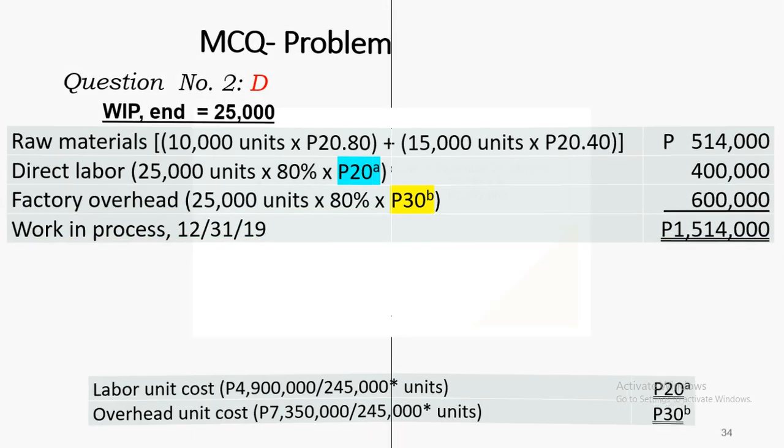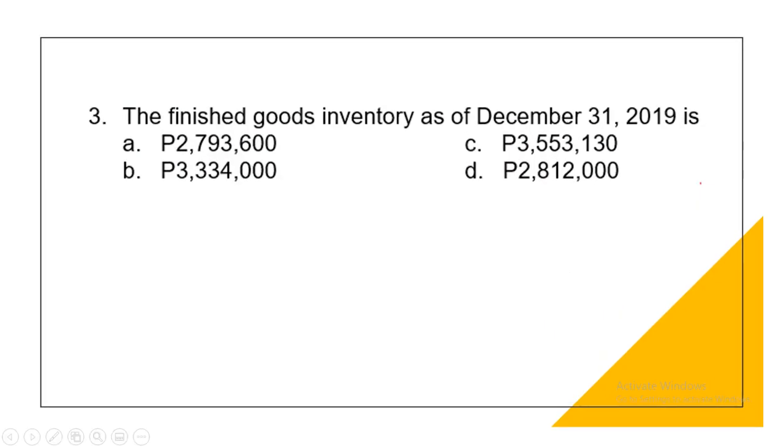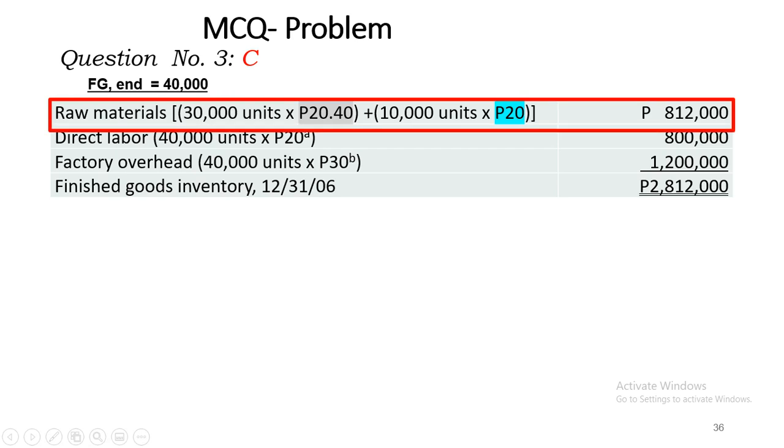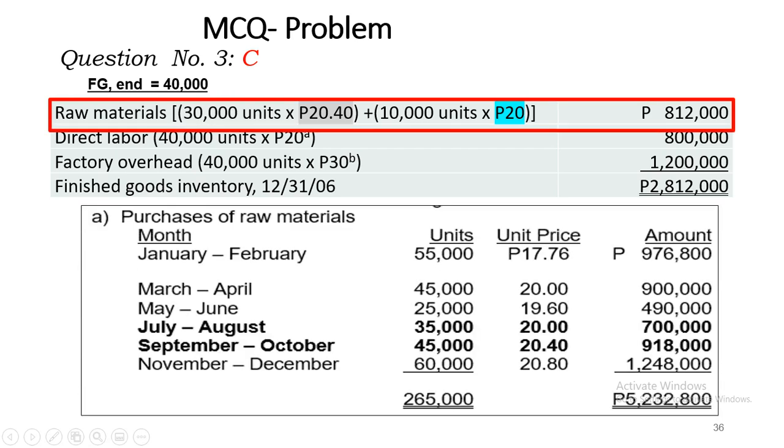Okay. Next one is the finished goods inventory as of December 31, 2019. To compute for this one, same: finished goods also has 3 cost elements, raw materials, direct labor, and factory overhead. For the raw materials, the basis of this one is the purchase price.